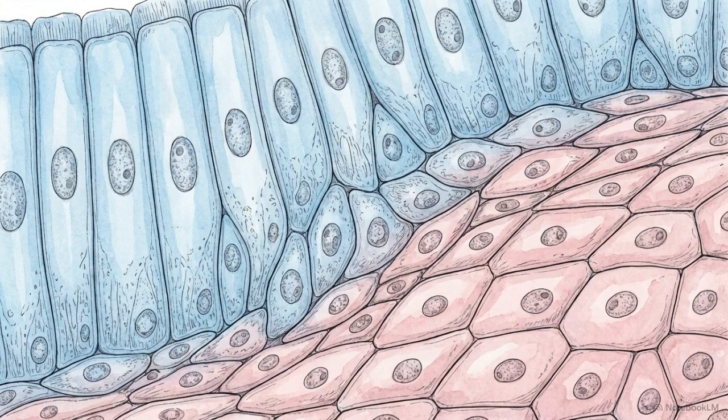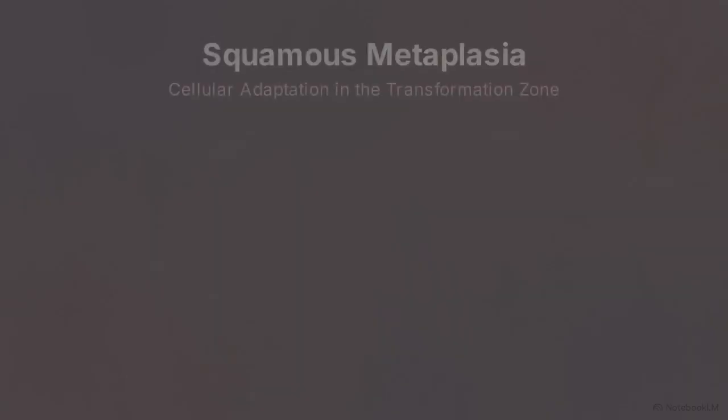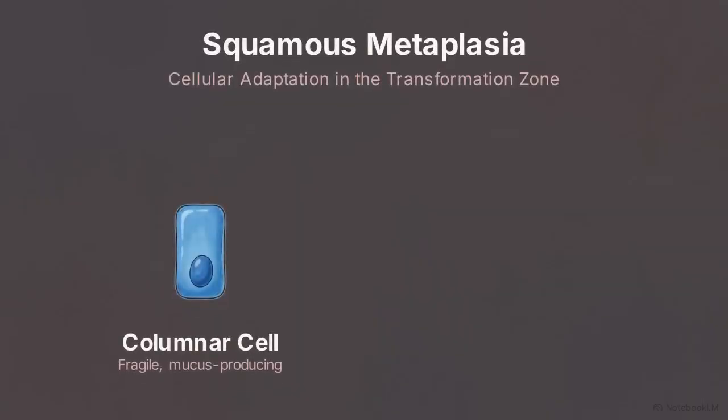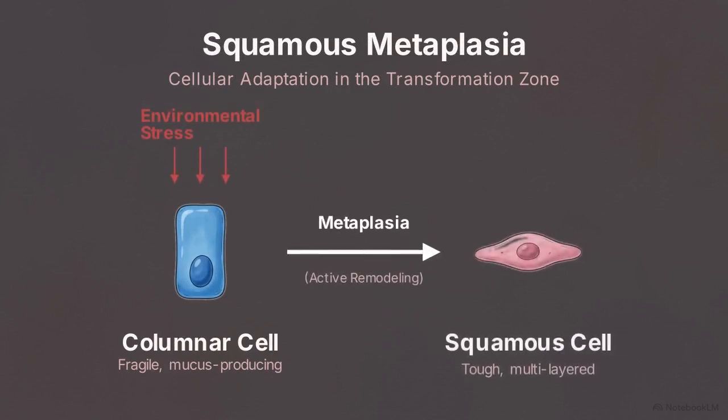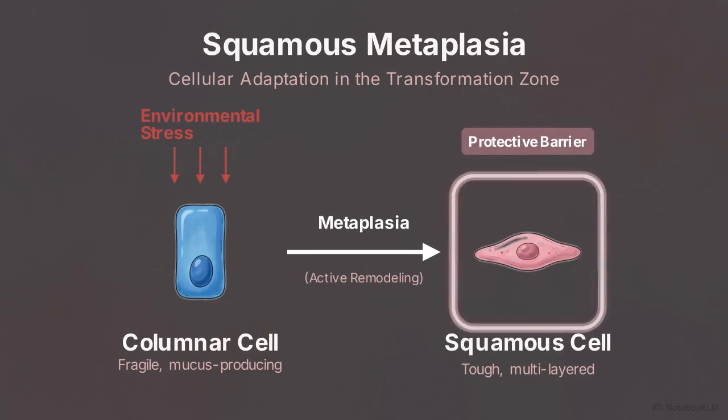This specific border region exists in a constant, active state of cellular remodeling and regeneration, known as squamous metaplasia. Squamous metaplasia is the physiological replacement of one fully differentiated cell type, like columnar cells, with another type, like squamous cells, to handle environmental stress.